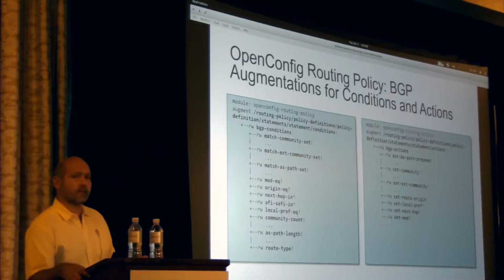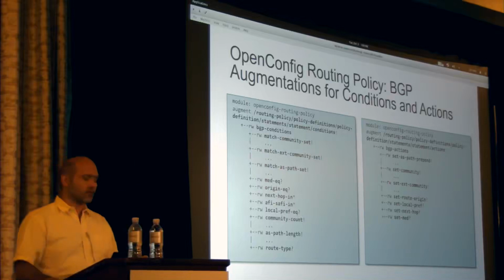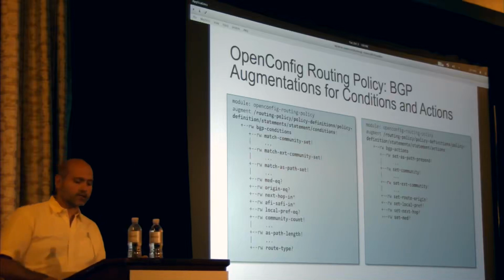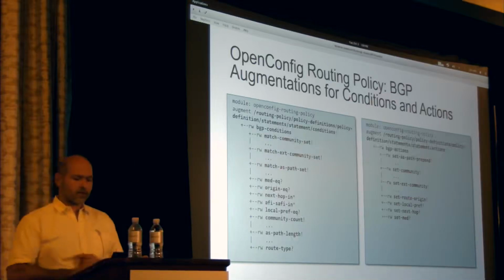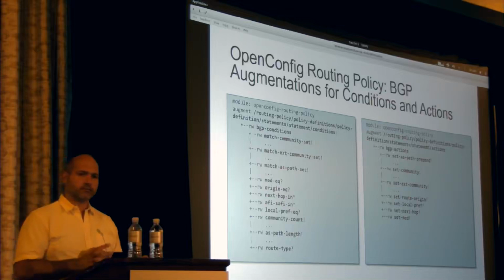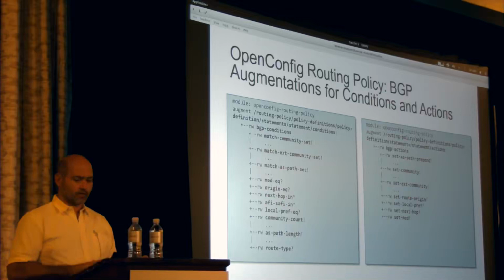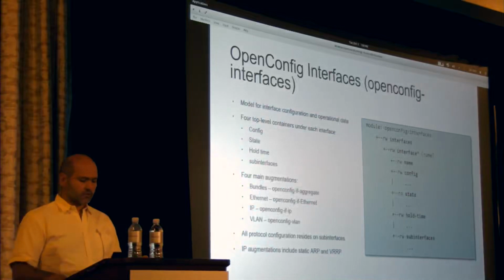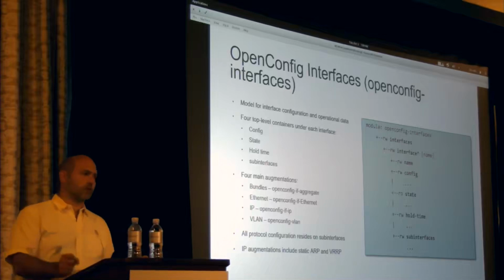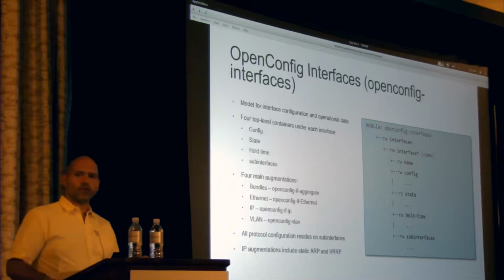On the right-hand side, you see the augmented actions: setting AS path prepend, setting a community and extended community, etc. Okay, so pretty straightforward. Again, if you're familiar with BGP and routing policy configuration, this should be something that you can easily relate to. Any questions on the BGP or routing policy so far?